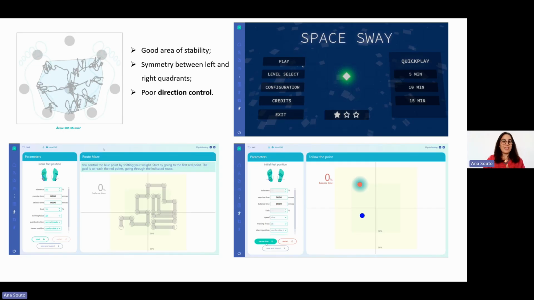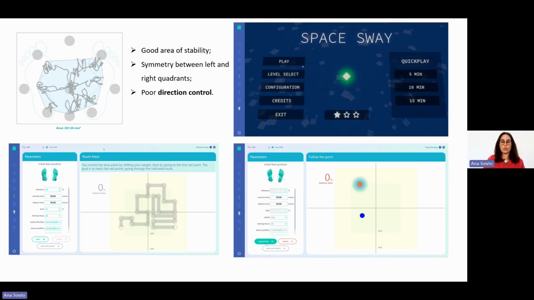For the other patient, the 66-year-old with very poor directional control, we would focus more on small-scale weight shift movements, but with emphasis on movement precision. We could use exercises where the patient needs to keep his center of pressure on top of a dot, performing small-scale movements with precision. On the right, we have an exercise where the patient needs to react to the movement of the target itself, making small adjustments to keep his center of pressure on top of the target.